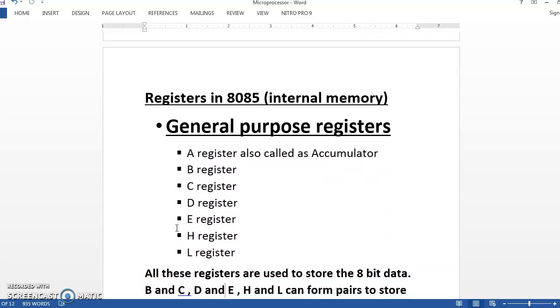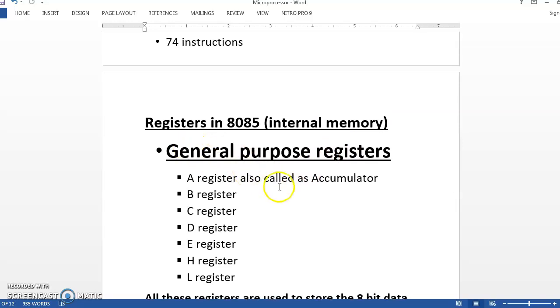We had already seen the register is nothing but the internal memory of the microprocessor. So these are general purpose registers. General purpose registers means they are used mainly to do any general calculation purpose or storing, not special purpose. Okay, storing the data. All these are the purposes of these particular registers.